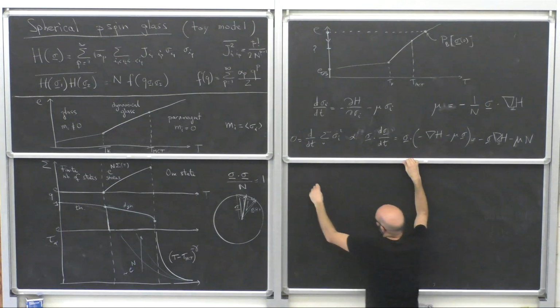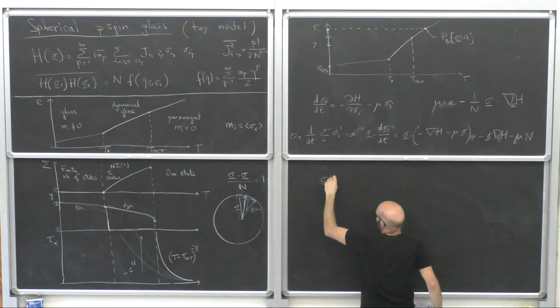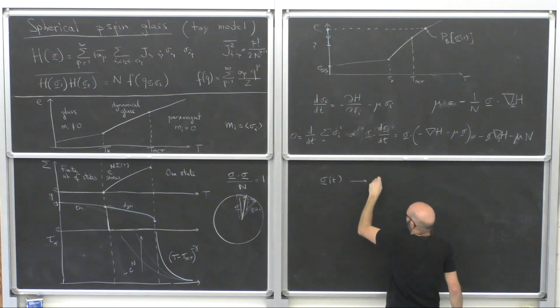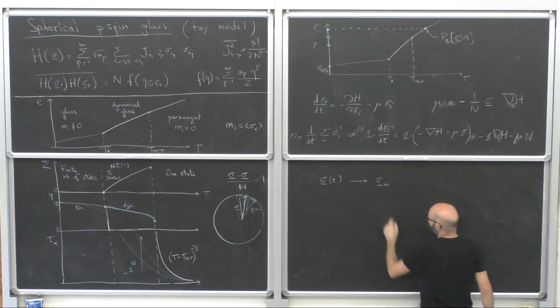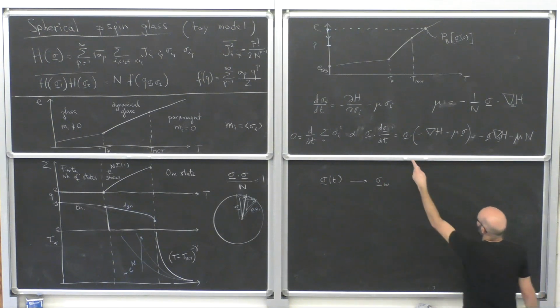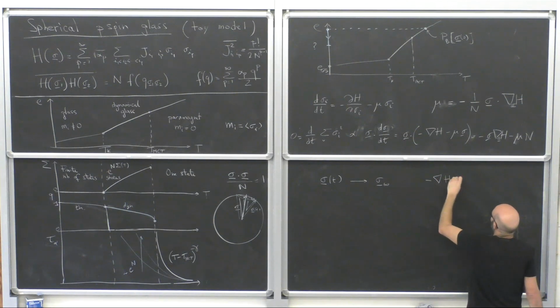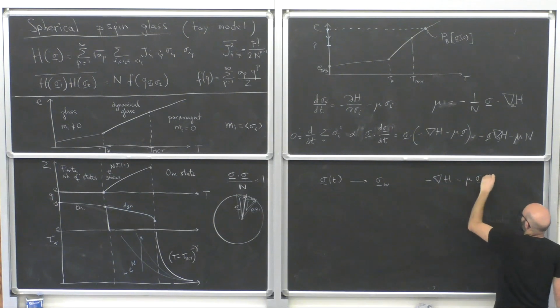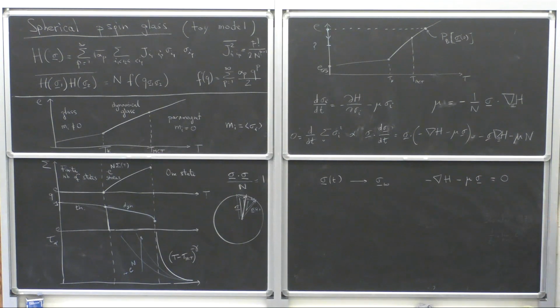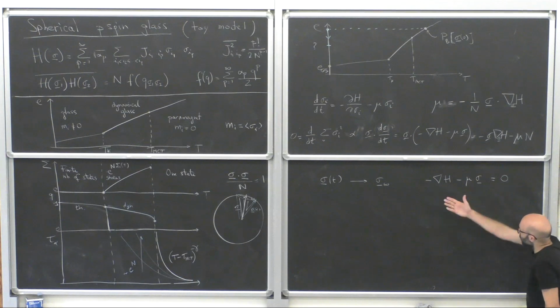So what I expect is that sigma of t will converge to some sigma infinity, which is a solution of the equation minus gradient of H minus mu sigma equal to 0. But I don't know the solution, of course.